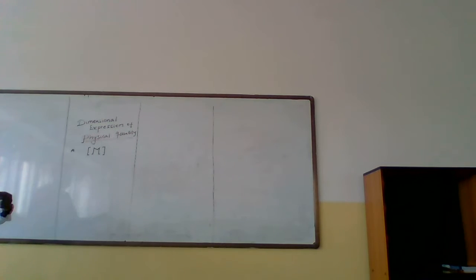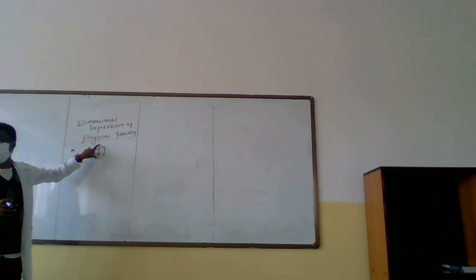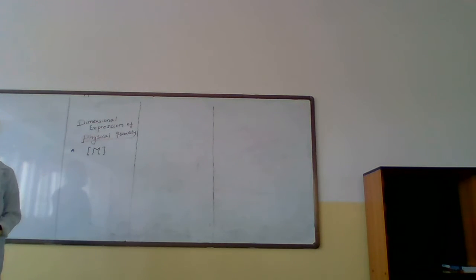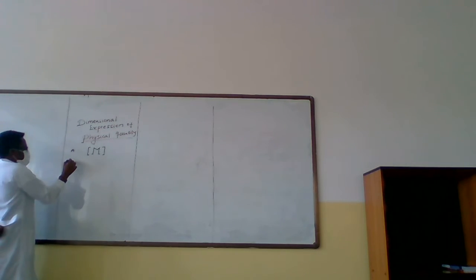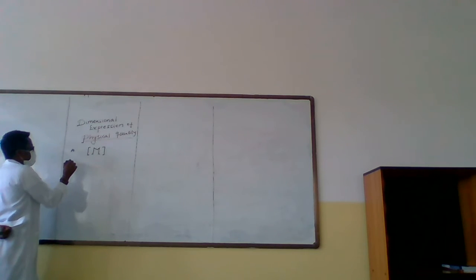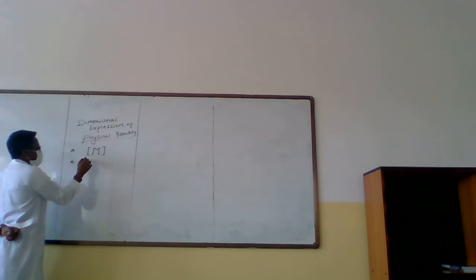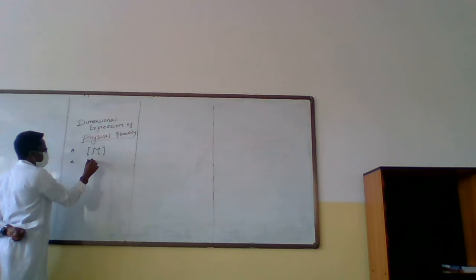The units can be grams, milligrams, whatever. We express it using M because we need to express the unit of mass. Anything measured in terms of length is expressed with capital L.